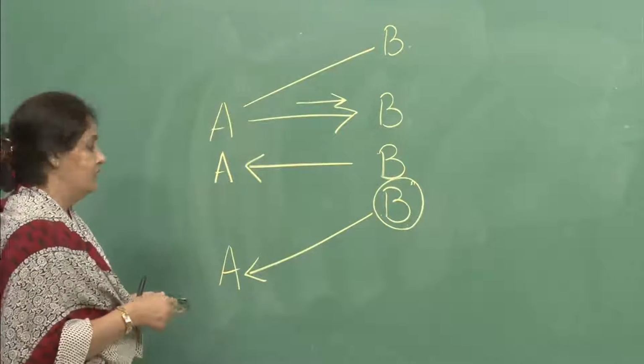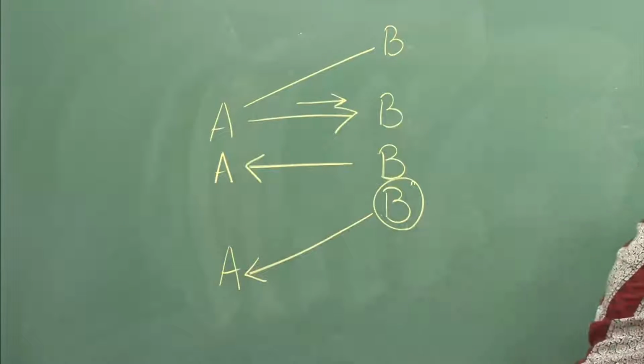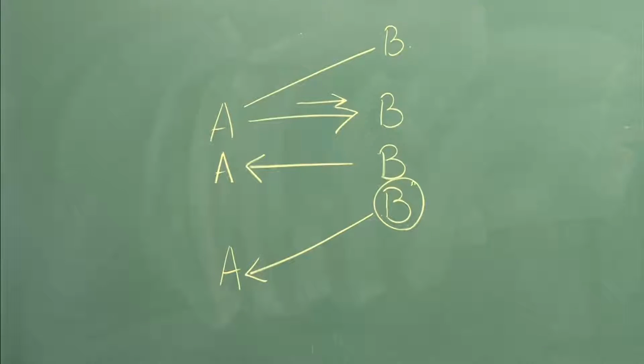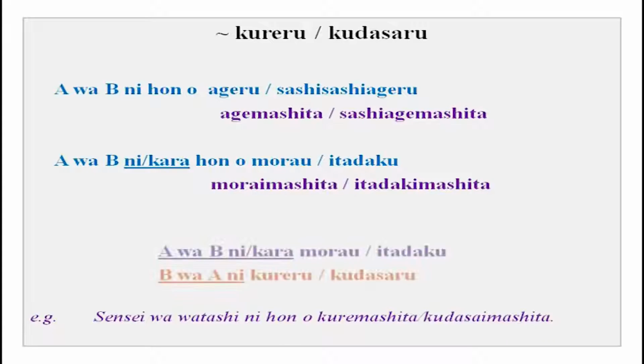Now, there is a new word over here, kureru and kudasaru. What happens with that? Let us see. That is exactly what is given. A wa B ni hon o ageru, A wa B kara hon o morau, and then what do we have over here? We have B wa A ni hon o kureru. So, now what happens?